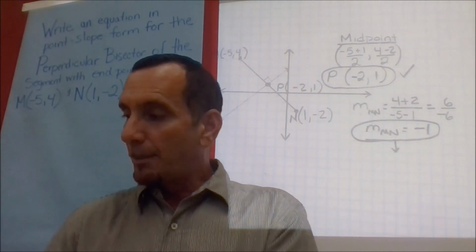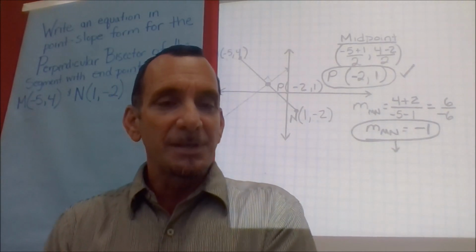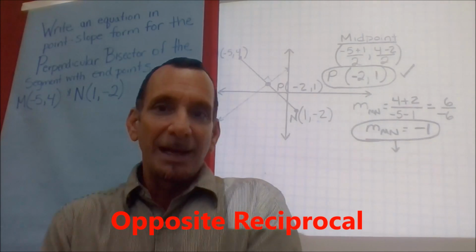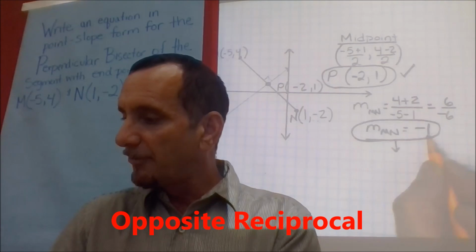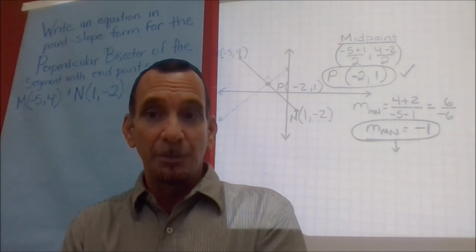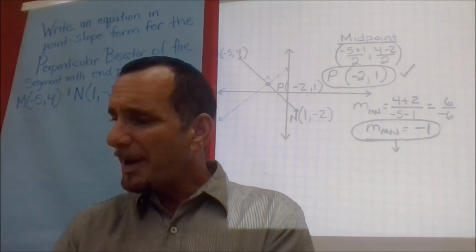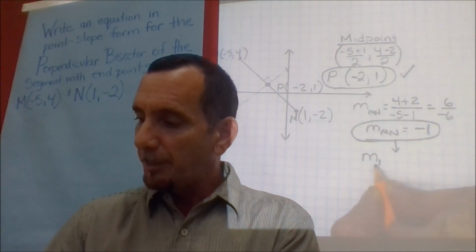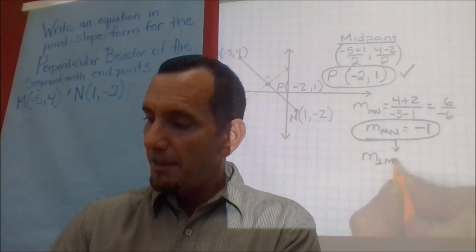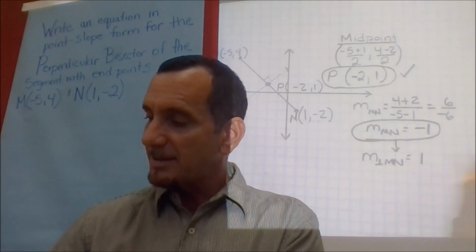Well, we remember that that is the opposite reciprocal. So I like to say flip it and change the sign. So this would be negative 1 over 1. If I flipped it, it would be 1 over negative 1, but I'm going to change the sign. So I'm going to say the slope of a perpendicular line to MN is a positive 1.